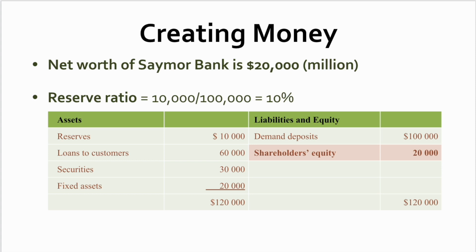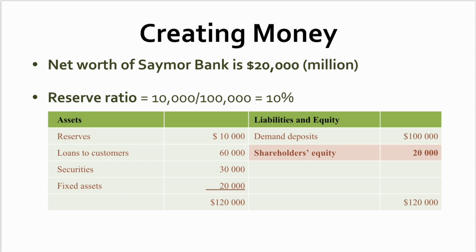Now, it has demand deposits of $100,000. And if it has a reserve ratio of 10%, that means that 10% of that, or $10,000, needs to be kept in the bank for the reserve, for people who knock on the door and say, hey, I want my money back. So effectively, they only have to keep $10,000 of it in the bank.